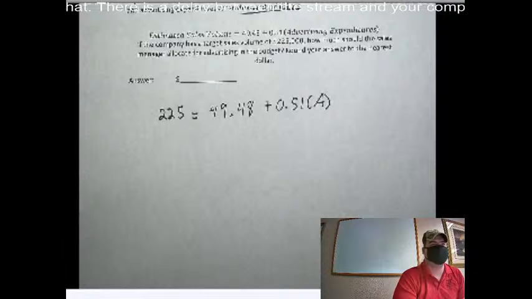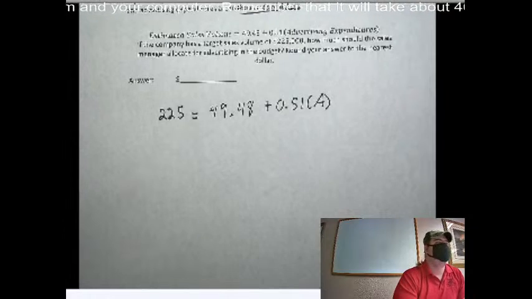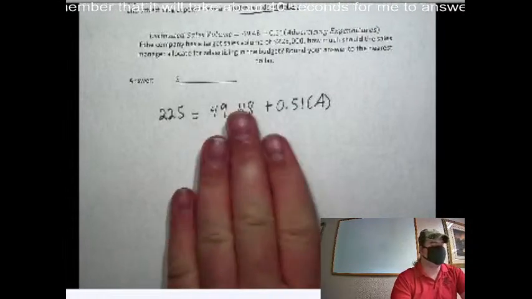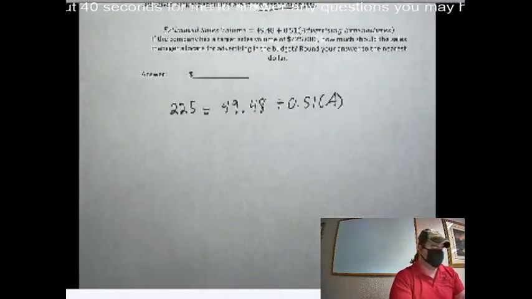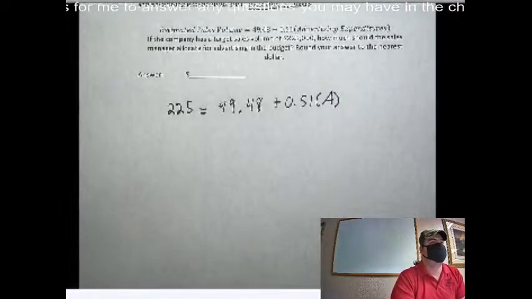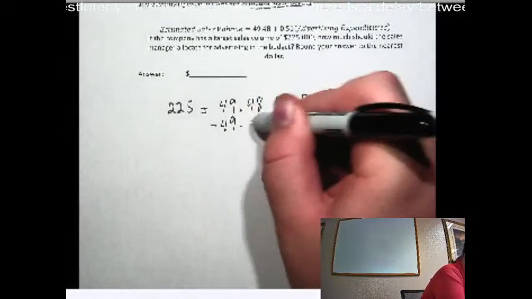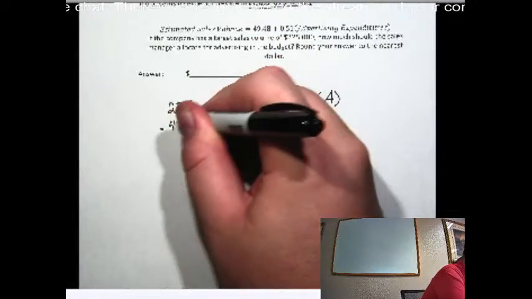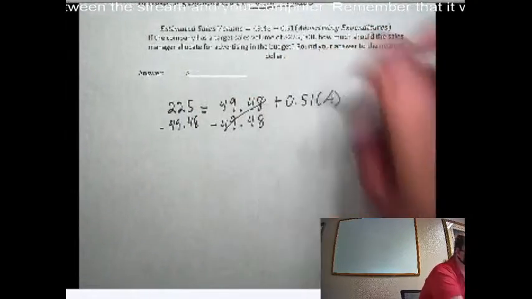So from this point, it is just a matter of solving. We've got to get A by itself. Okay. So if we want to do that, we got to eliminate numbers on this side. So what can we eliminate first? What should we eliminate first? Yep. Subtract that bad boy from both sides. Okay, so that'll cancel on that side.